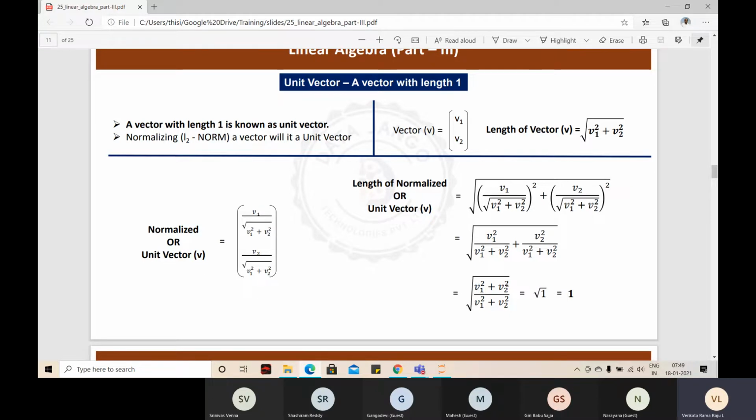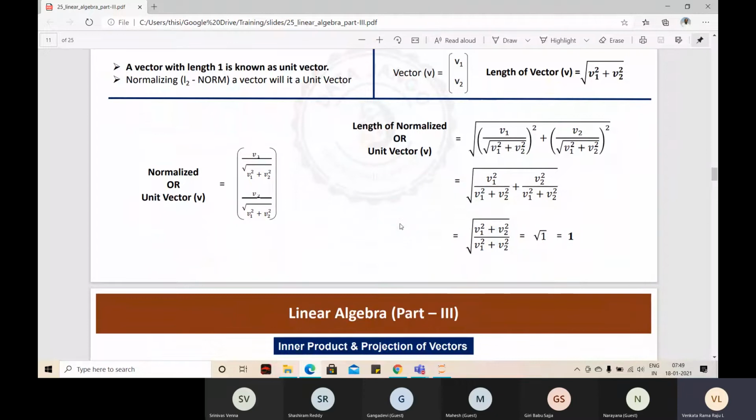Whatever that square, everything got cancelled and you got 1. So any vector you divide by L2 norm, the vector becomes a unit vector. Okay, this point you got, right?